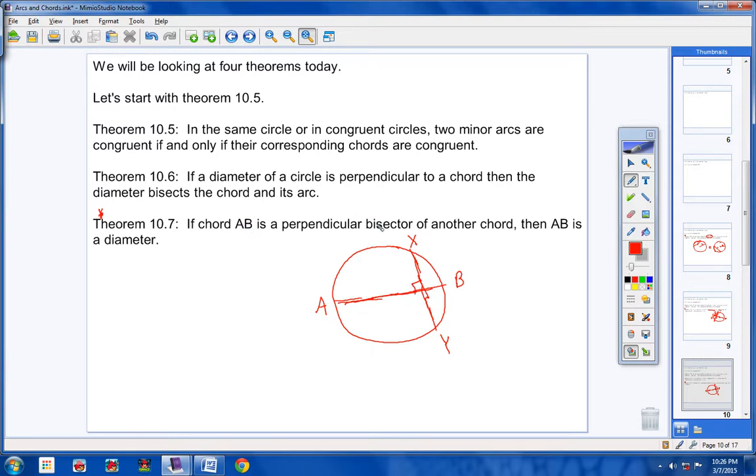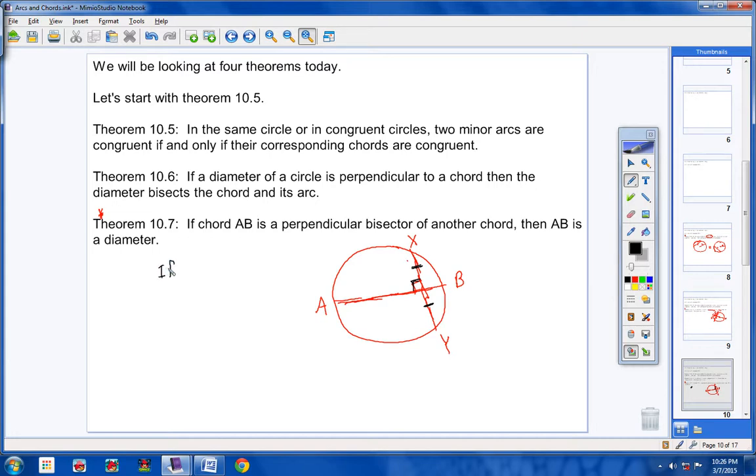Now if AB is the bisector, that means AB is the one cutting something in half. So what is AB cutting in half? Well, I'm trying to get some different colored ink, guys. It's still not working. Let's use my mouse here. It's cutting XY in half, so this segment here is congruent to this segment here. So if AB is a perpendicular bisector of chord XY, then I know that AB is a diameter.